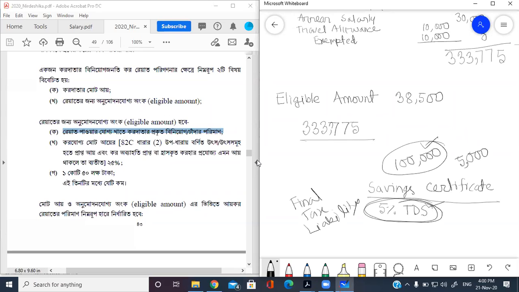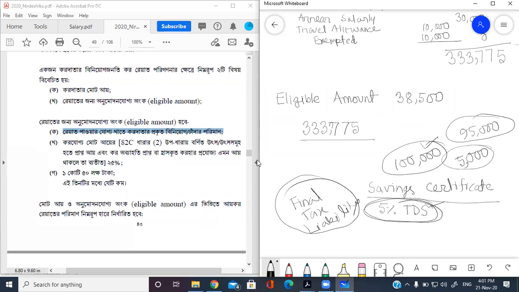So you will actually receive 95,000 out of this 100,000. Because 5% TDS is applicable. So it is said that for this income from savings certificate, 5% TDS is the final tax liability.